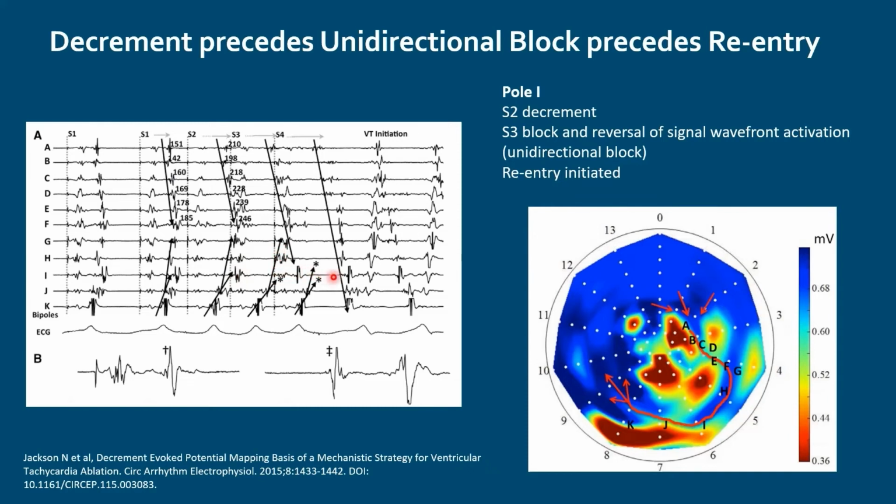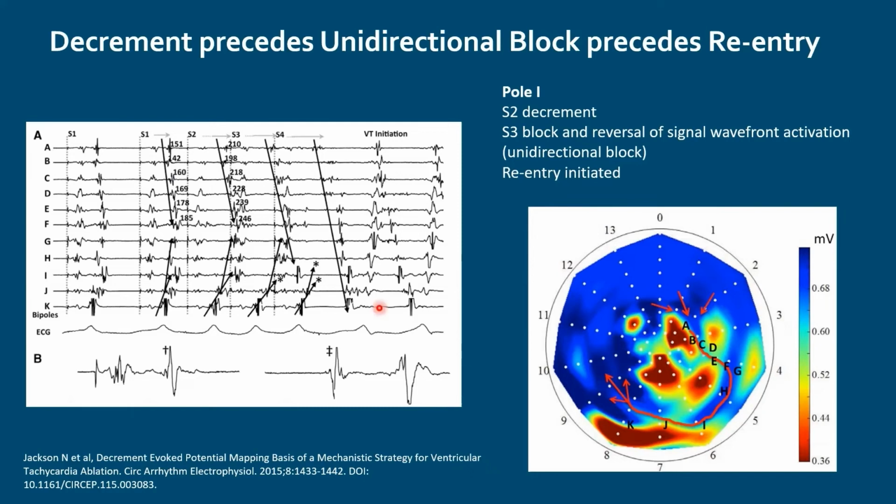And it's this block that then precedes VT induction, and now we have reversal of activation of K to I, with instead of K activating prior to I, we now see I activating prior to K. So we've got channel reversal of conduction with K to I. We've seen decrement, unidirectional block, and then reversal of activation as we see reentrant VT.